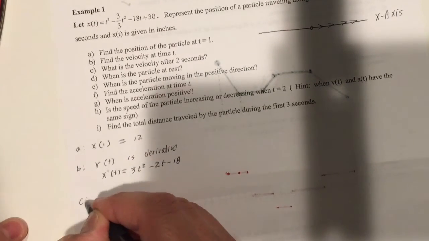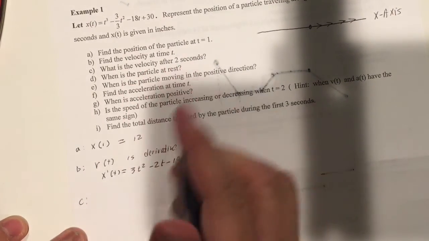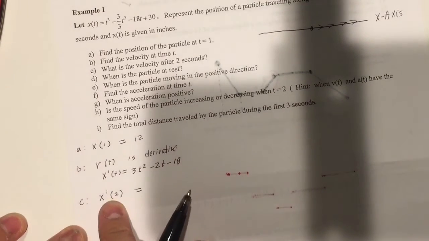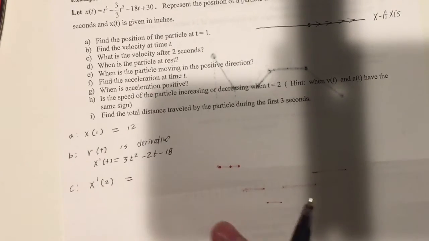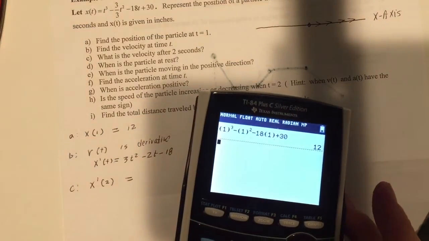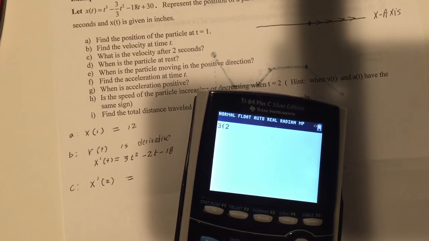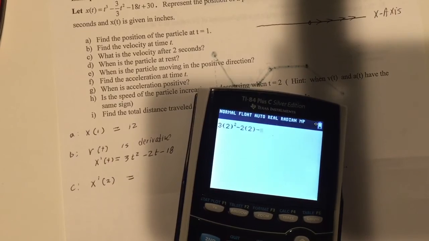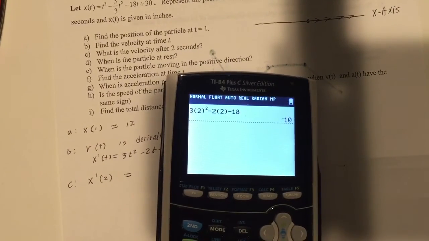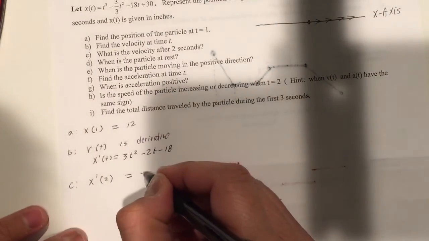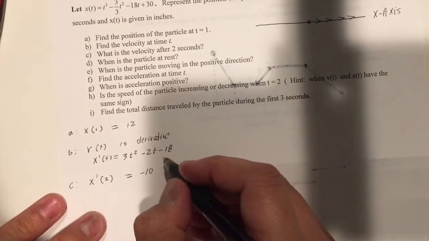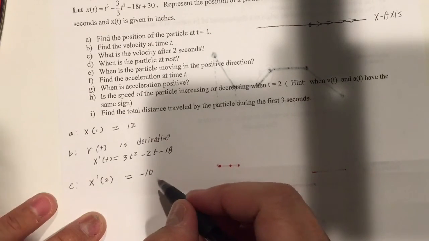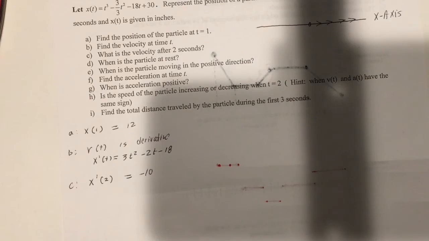What is the velocity after 2 seconds? We plug 2 in there and we find the velocity after 2 seconds. 3 times 2 squared minus 2 times 2 minus 18 gives us negative 10. So negative 10, perhaps negative 10 meters per second.